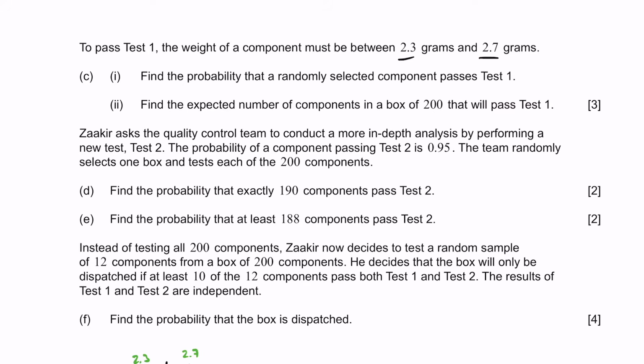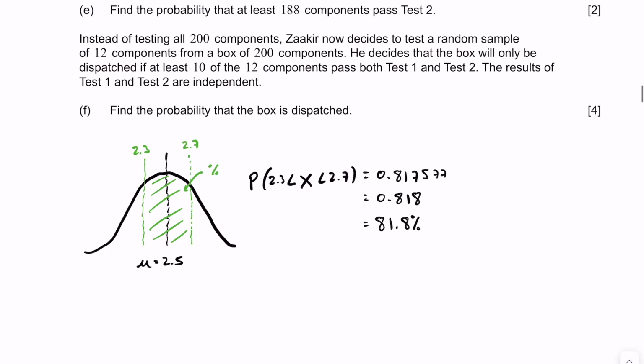Question 2. Find the expected number of components in a box of 200 that will pass test 1. Okay, so we know that 81.8% of the components are between 2.3 and 2.7 grams. So if we have a box of 200 components, 81.8% of them are going to be between this range of 2.3 and 2.7.